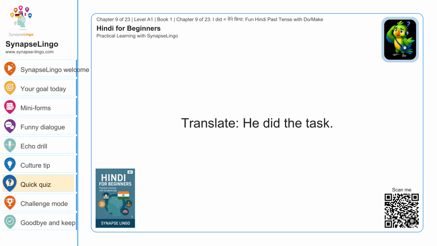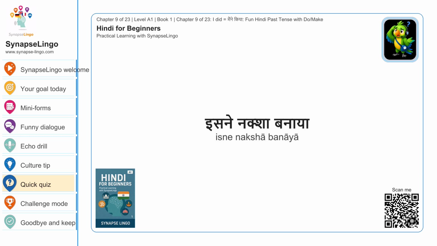Translate: he did the task. Answer: उसने किया. What's the infinitive, to make? Answer: बनाना. Translate: it made a map. Answer: इसने नक्शा बनाया.